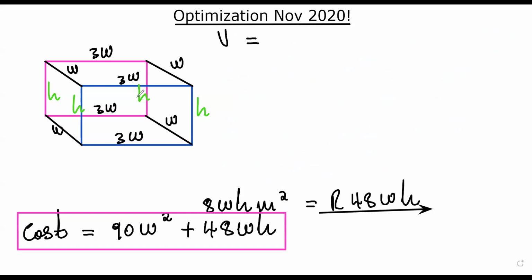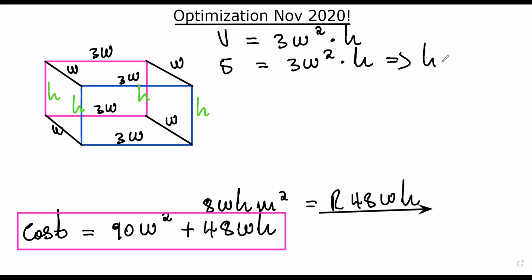And we know that the volume of any three-dimensional figure is the area of base, which is 3w squared, multiplied by the height. But now we know that the volume has to be 5. So 5 is equal to 3w squared times the height, which means that the height as the subject of the formula will be 5 divided by 3w squared.